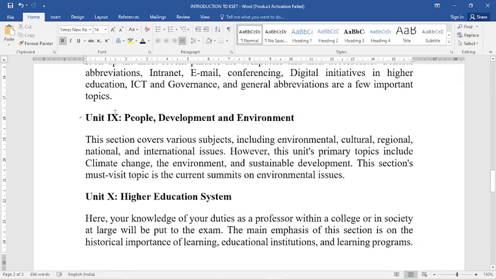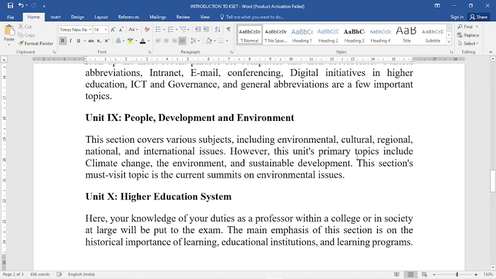Next we'll move to the next one, people, development and environment. This section covers various subjects including environmental, cultural, regional, national and international issues. It relates to how people are living in a particular area, what their characteristics are, and how they are different from other places.